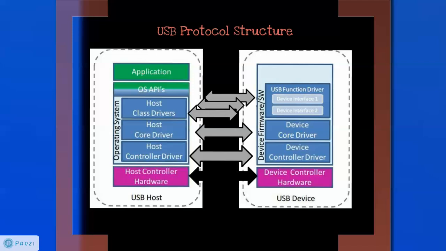However, the mass storage interface to these devices is the same and is handled by the single host class driver. The USB host class driver implements the generic interface requirements to communicate with the device's function driver. The function driver handles the unique interfaces to the USB device's hardware.